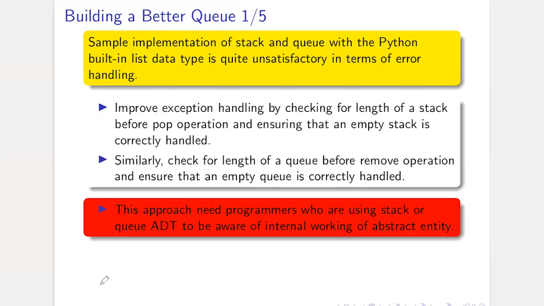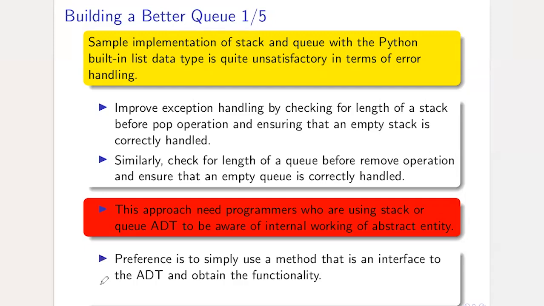As soon as we start dealing with errors, we have to be aware of the sizes of the data structure, what the current size is. That would take away the abstract nature of the data structure, because now we are becoming aware of the internal data structure, how it operates, and we start making decisions based on that. So our preference is actually to maintain that abstract notion.